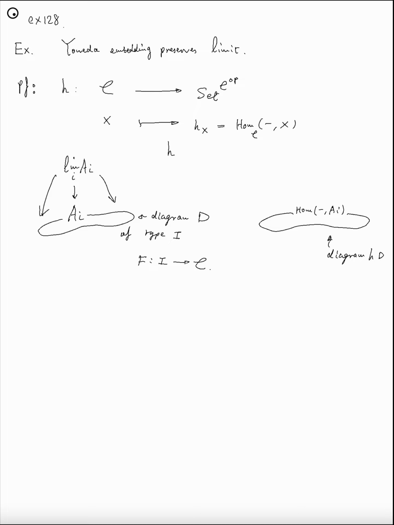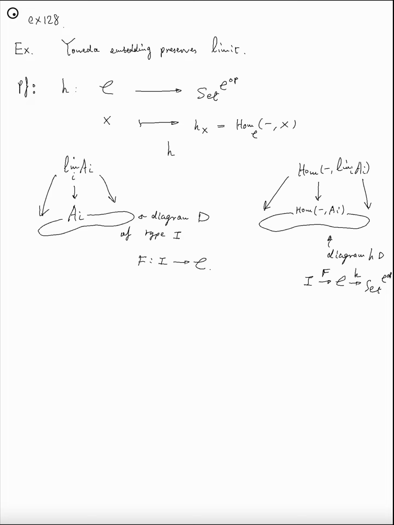This is I to the category of sets over C up. Here we compose with H. And now the question is whether this is again the universal cone.